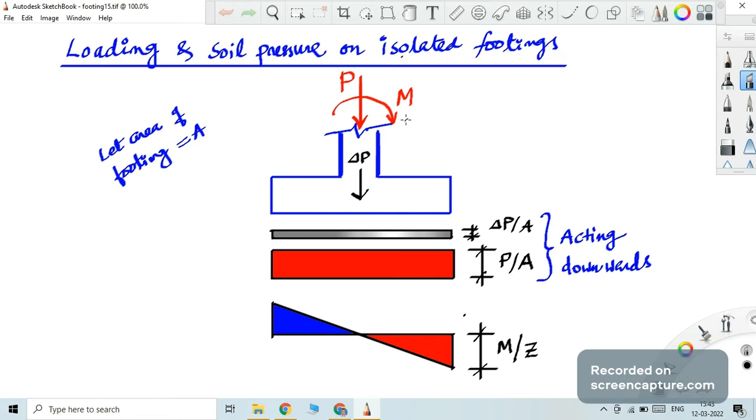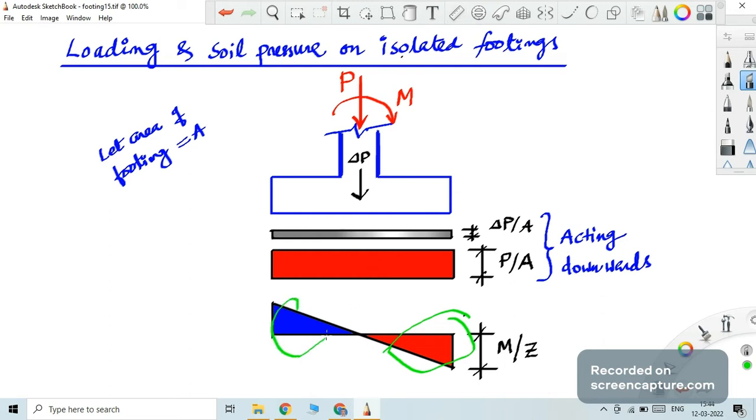And in that, you can see on the right hand side, in this slide, the moment is clockwise, though the moment can be anti-clockwise also. So whenever you have a clockwise moment acting, then the right side triangle, this triangle, is under downward pressure, that portion of the footing will be exerting a downward pressure on the soil.